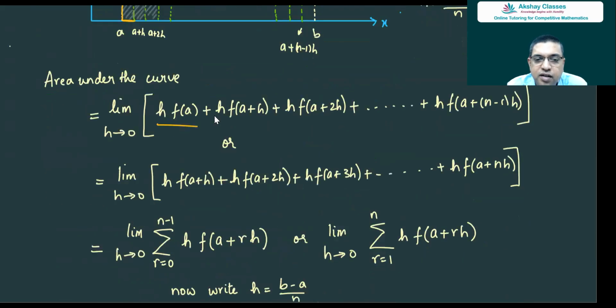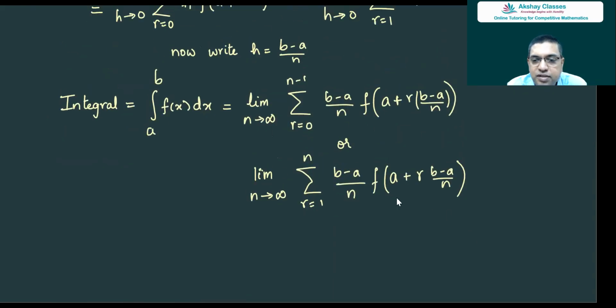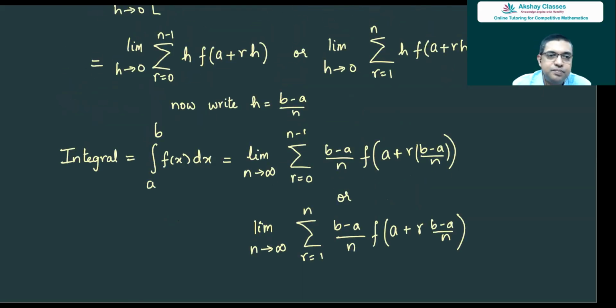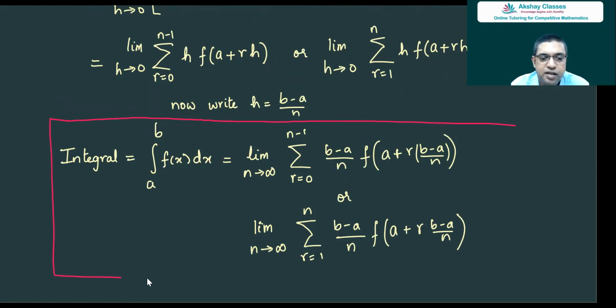Even if you don't remember, you can derive it in 2 steps. Now a special case. So this is your integral. So this is the formula. If you have an infinite series on the right hand side, you can replace it by integral a to b f of x dx, provided you get it in this pattern.